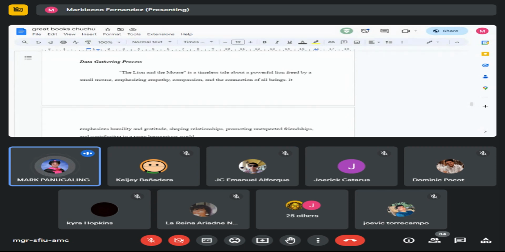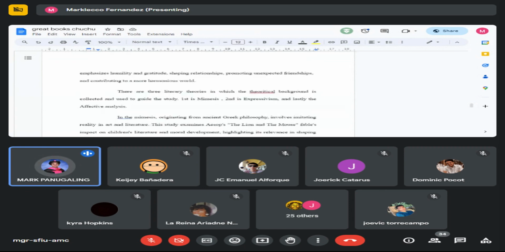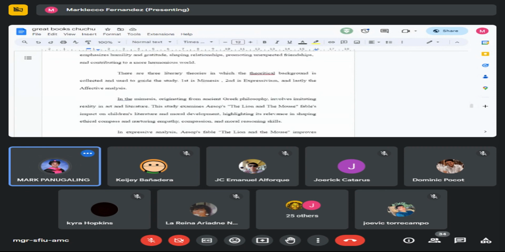What is the internet source? The website. Where did you read the story? So that's the data gathering process where you will explain to us how you analyze it. Theoretical is the wrong spelling, correct that.